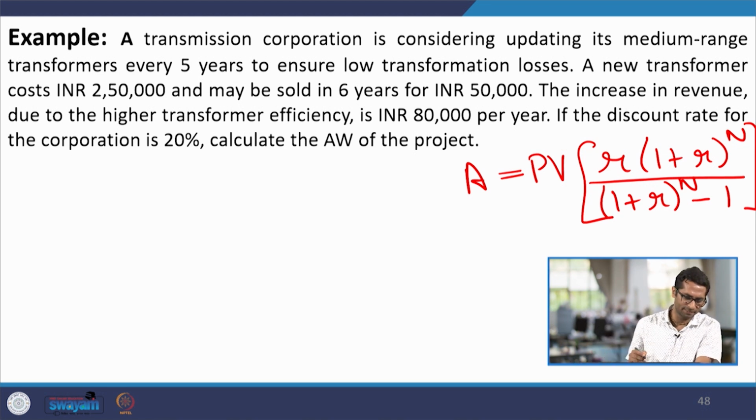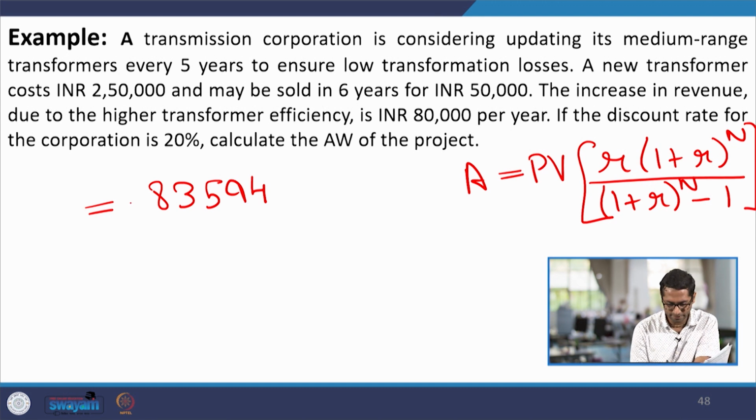So coming back to the example, if I consider the annual worth of the 2.5 lakh rupees of investment, and I put that in the formula, the value would come to roughly 83,594, which would be negative because I have an investment to make.